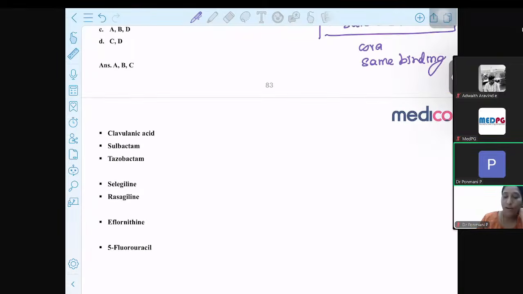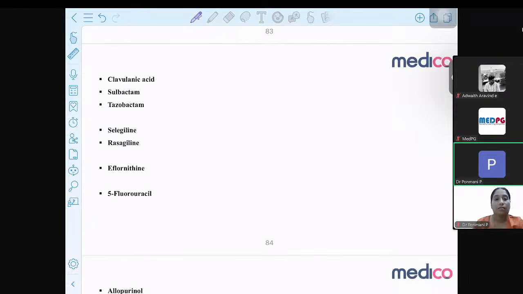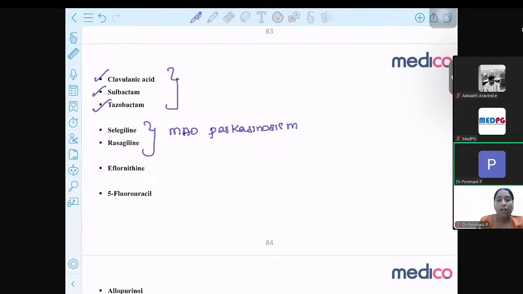So you need to know a list of the suicide inhibitors. There are a few antimicrobials which come under this, that is the beta-lactamase inhibitors: clavulanic acid, sulbactam and tazobactam. They act as suicide inhibitors. And some anti-Parkinsonism drugs, which are MAO-B inhibitors, selegiline and rasagiline, also act as suicide inhibitors. And eflornithine is also a suicide inhibitor, and 5-fluorouracil is also a suicide inhibitor.